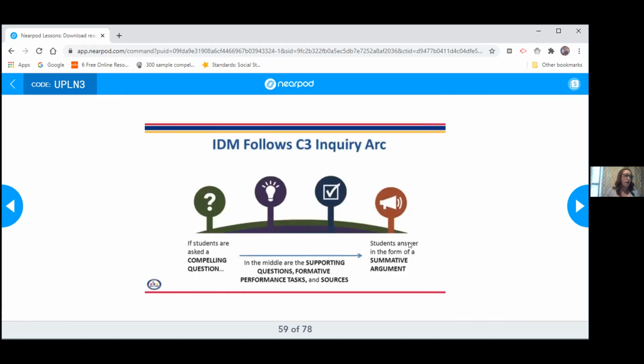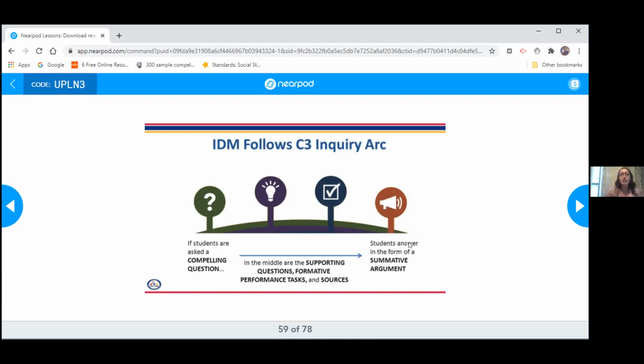And then you also have the formative tasks and sources that are presented to students. And those tasks are scaffolded. So your first performance task is maybe a lower level task, and then they tend to get more difficult as you go through the inquiry.